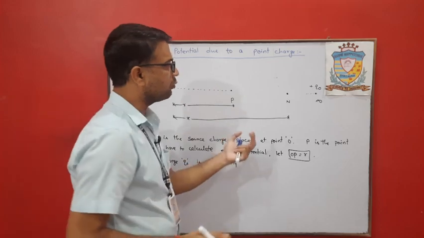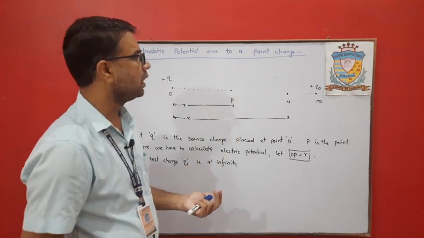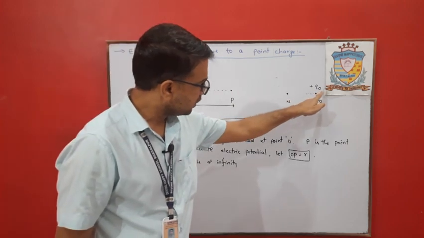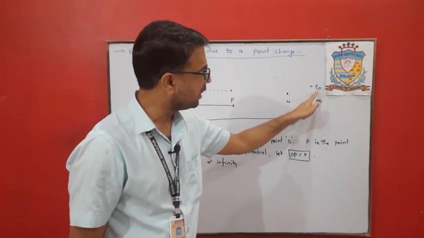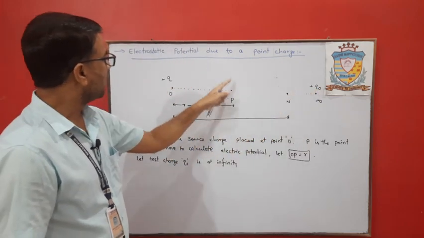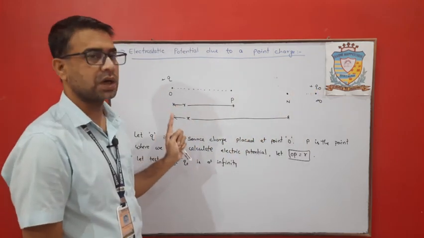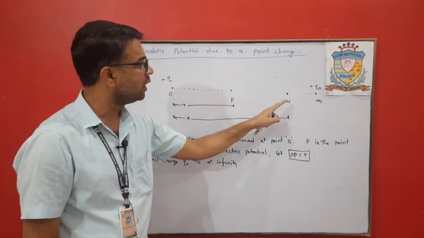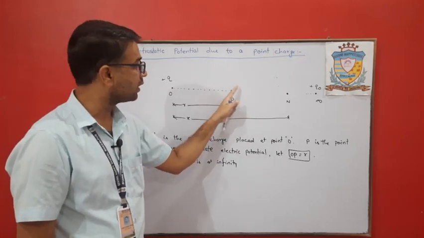What is the definition of electric potential? Electric potential is the work done to bring a unit positive test charge in the electric field of the source charge to any point. Let P be that point; the work done is known as the electrostatic potential at that point.